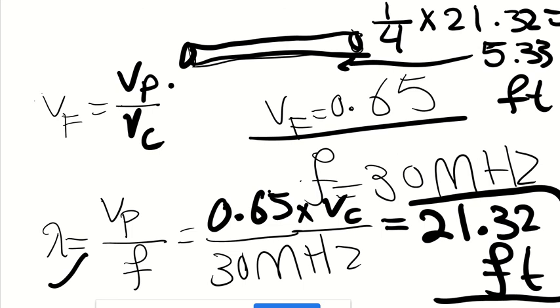It's the propagation velocity, and it depends on Vf in this manner. You calculate it, and then that's what you get. Okay. So now you have a general idea about transmission lines and all of that.